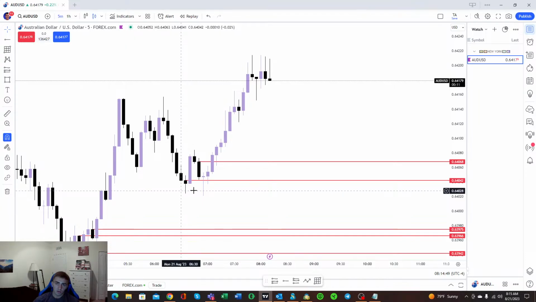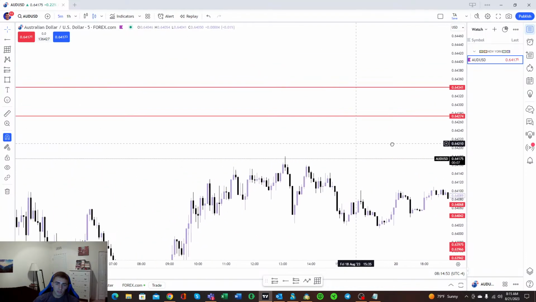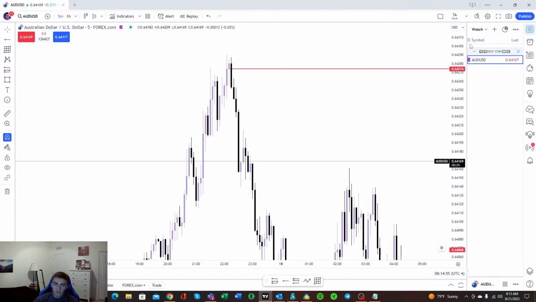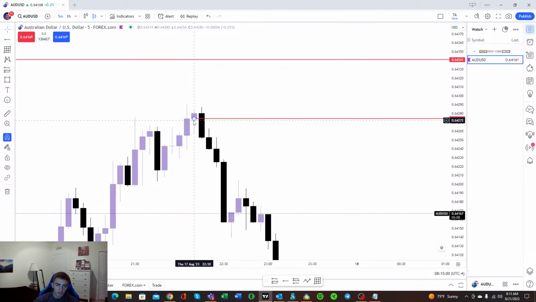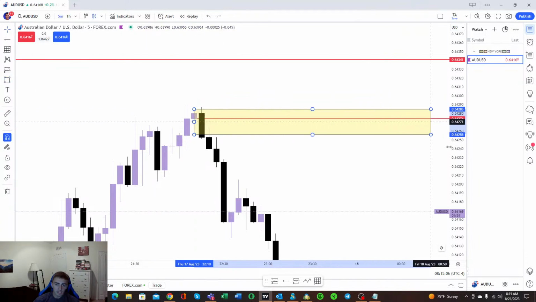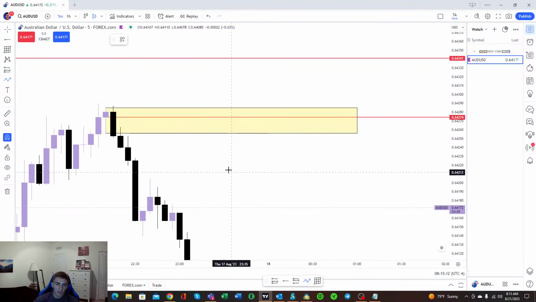I'll show you my top ones here. Since these are bullish candles, the open of this bullish candle is going to be right here. So instead of typically drawing a box, my line or my zone is actually going to be just right here. And this is going to prevent a lot of things like this.